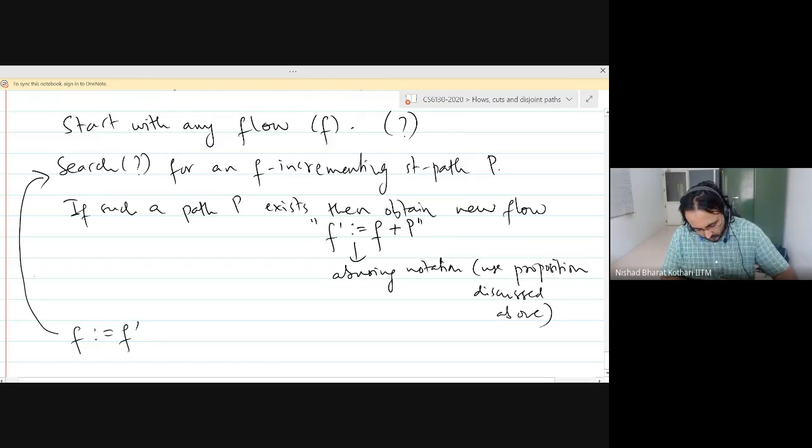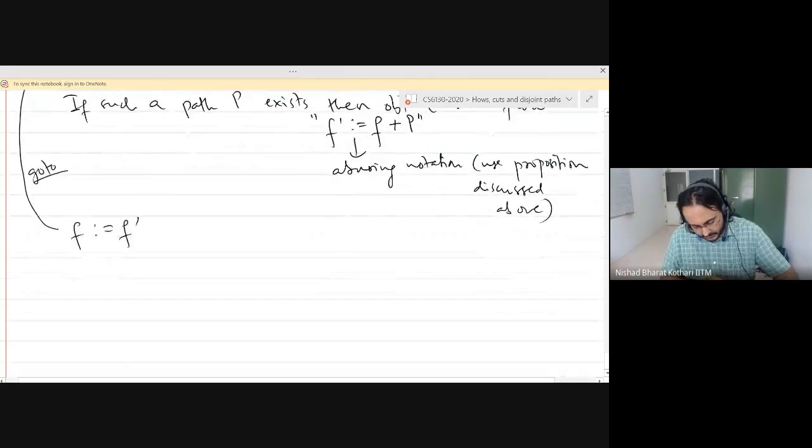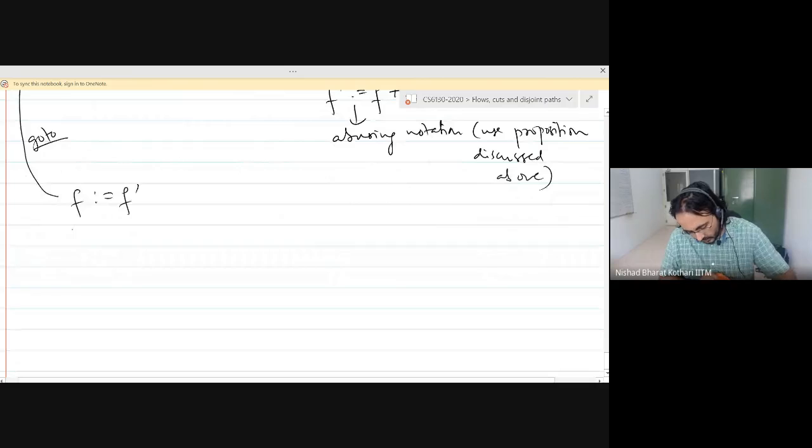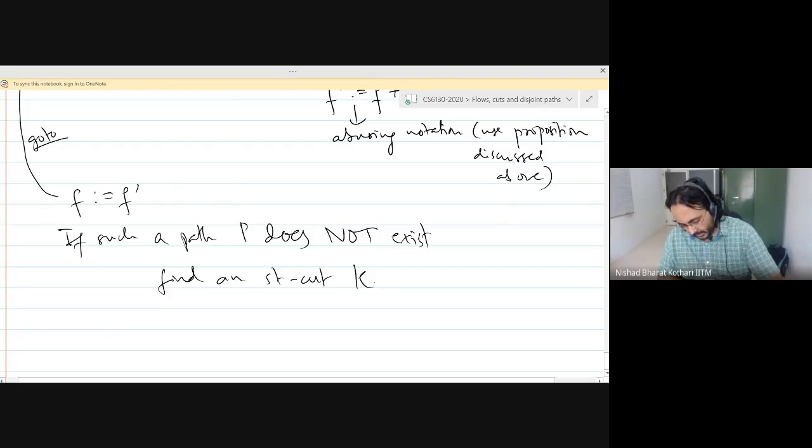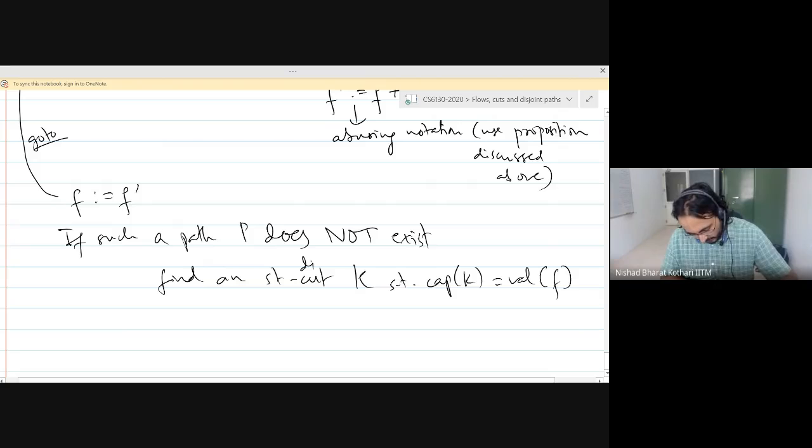Okay, and when such a path p does not exist, find an st cut K, such that the capacity of K is equal to the value of the flow f, and return the flow and the cut.